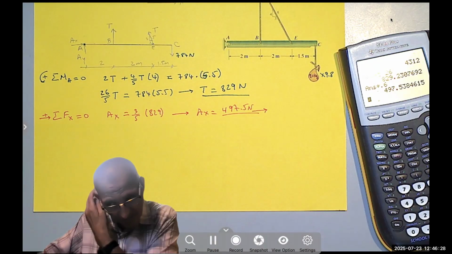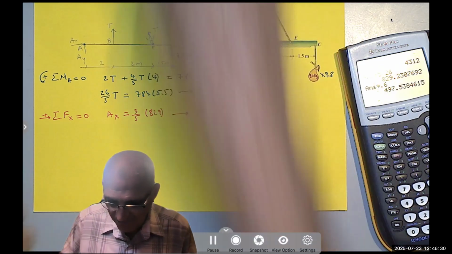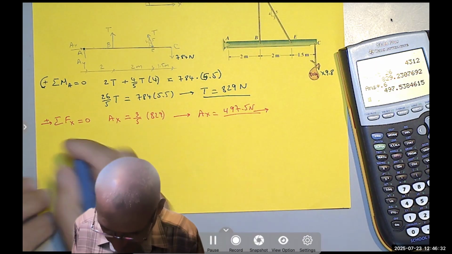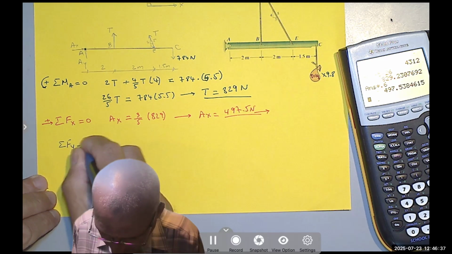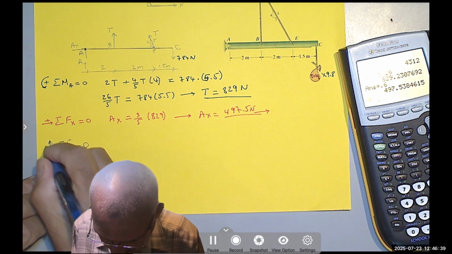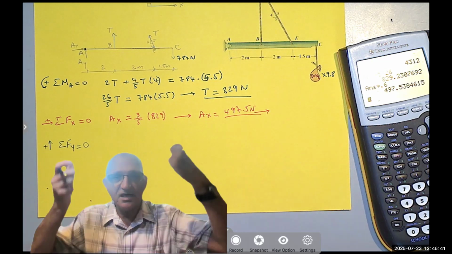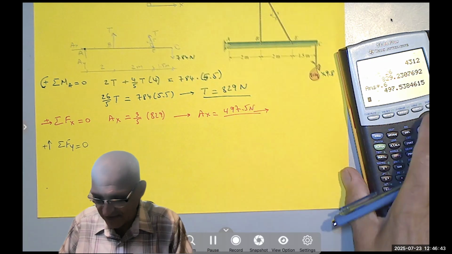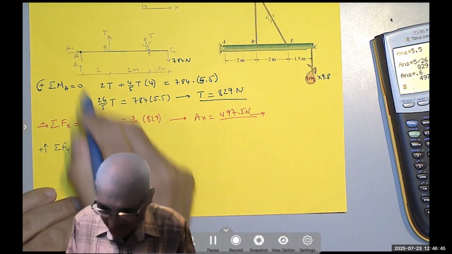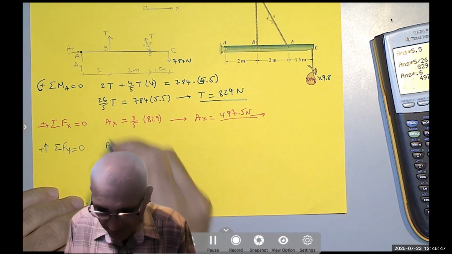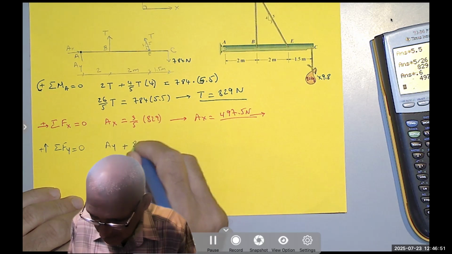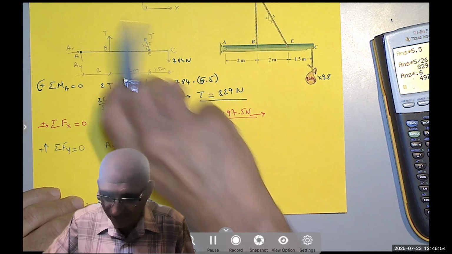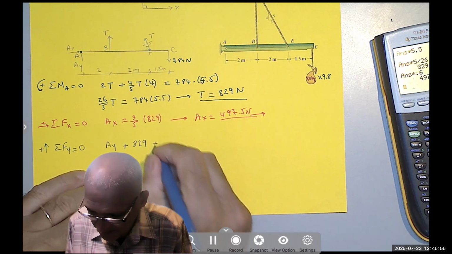And finally, you take the summation of the forces in the y direction and you equate it to 0. And again, as I said, some people do that to tell you that up is positive, down is negative. I have A sub y going up, T is going up. The other T, 4/5 of it, is going up.